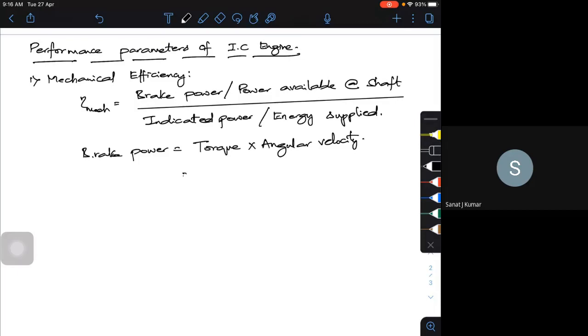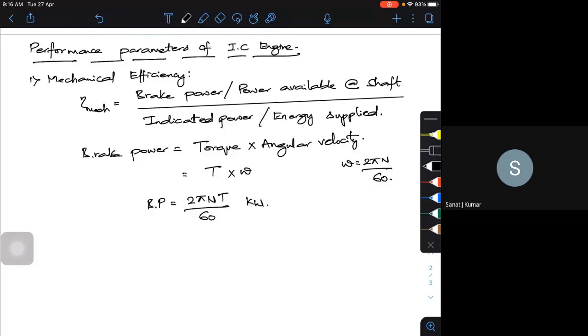Omega is given by 2 pi N by 60. So your brake power is given by the formula 2 pi N T by 60, in kilowatts or watts or megawatts, whatever it is.